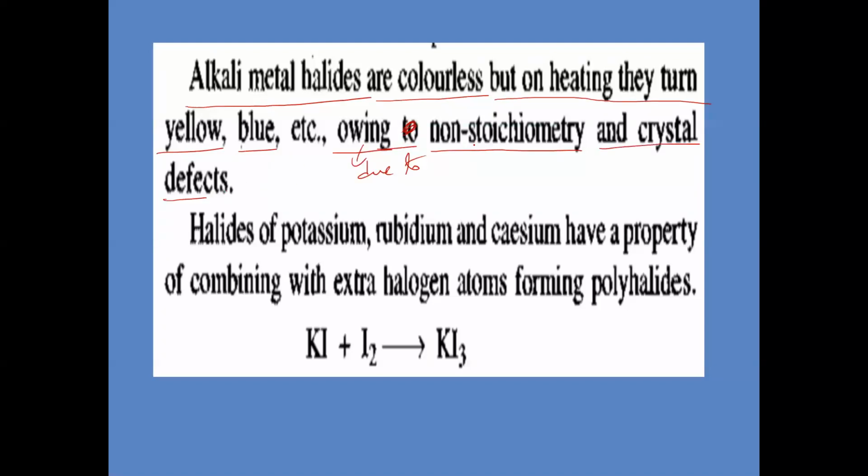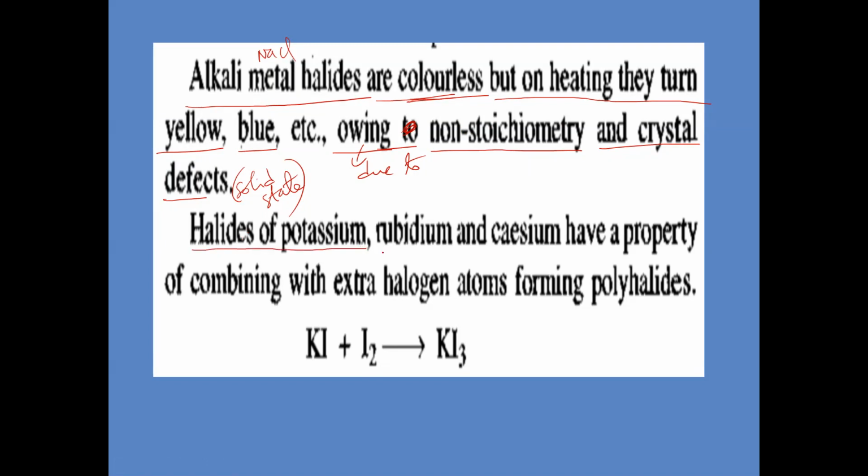Again, the non-stoichiometry and crystal defects of the ionic compounds we study in the Solid State lesson. Just remember that alkali metal halides like NaCl are colorless, but on heating they will turn into yellow and blue color due to non-stoichiometry or crystal defects. That all we will discuss in the solid state lesson. For the time being, only remember the reason.